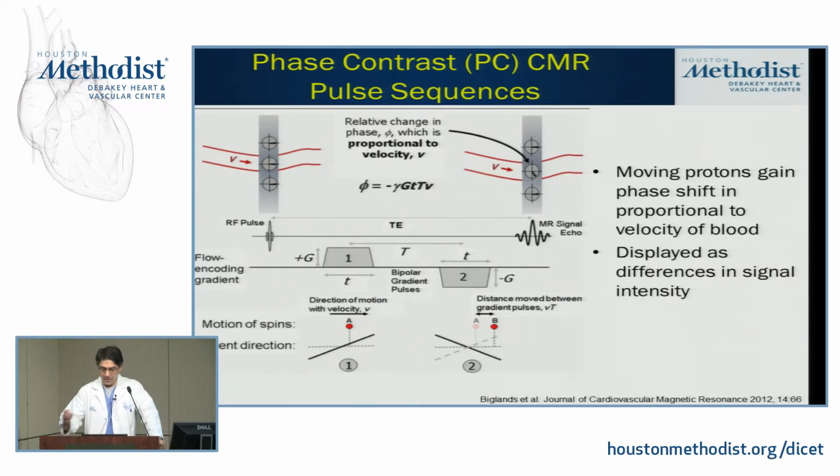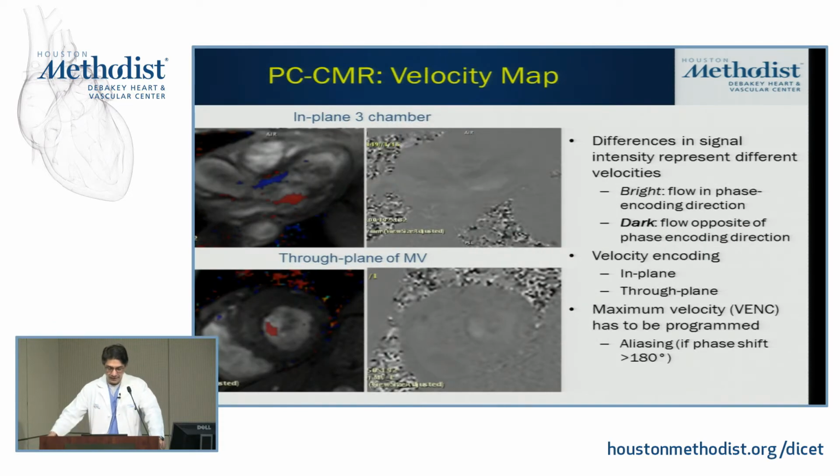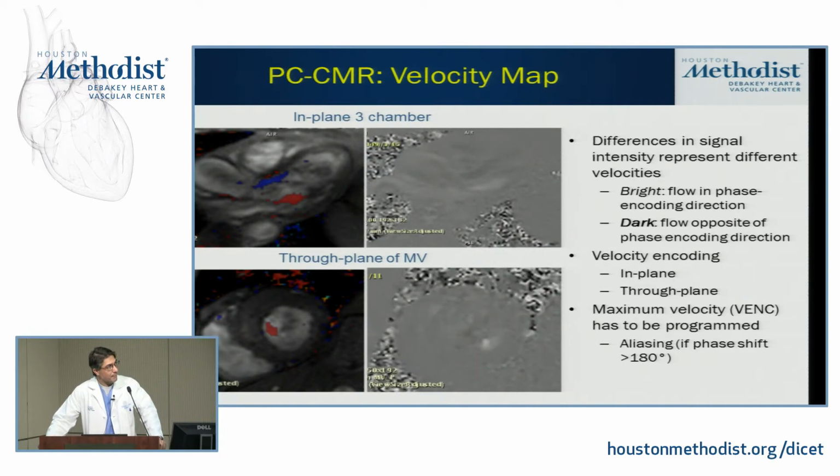These protons achieve a phase shift based on their velocity as they're going through the magnetic field, in proportion to their velocity. With that, you can then display this as differences in signal intensity. And this is an example of our phase contrast maps.